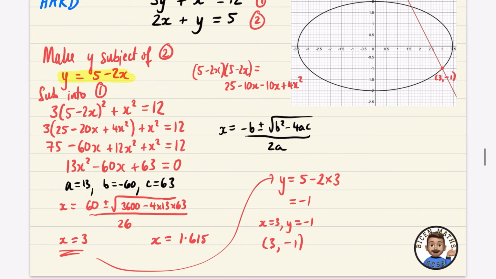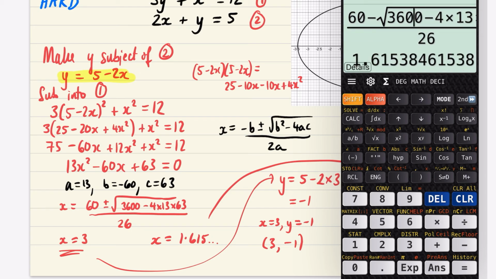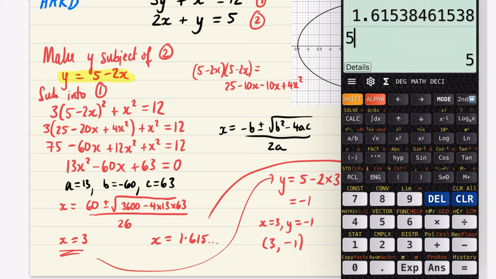So we're now going to use this 1.615. Let's see what the y coordinate is going to be. It's going to be 5 minus 2 times x. So 5 minus 2 times 1.615. Luckily I've got that on my calculator, so I can actually just do 5 minus 2 times the answer.